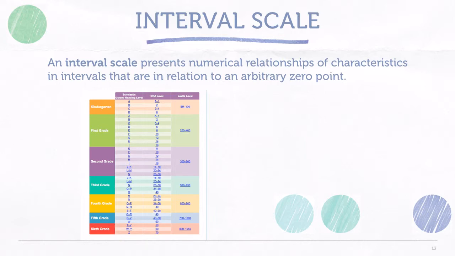And they're alphabetic versus numerical, but there's an assumed absolute zero, an arbitrary absolute zero, which is the A or the pre-A, right? And that's not really an actual zero. If this were a true interval scale that represented reading development, it would start at literally the moment before birth, right?